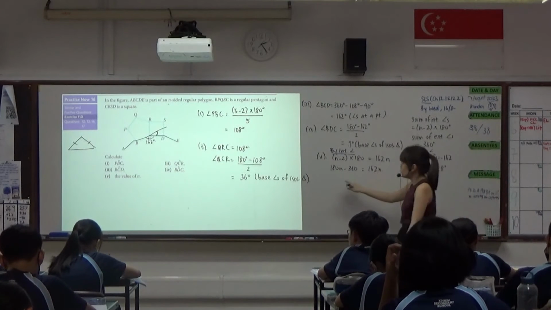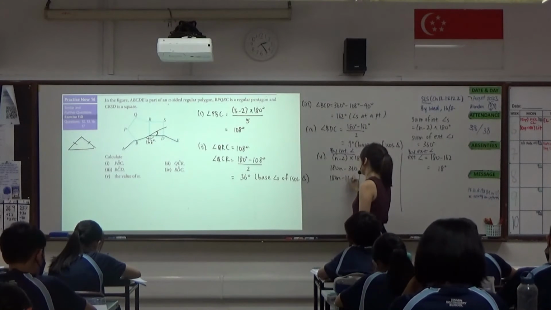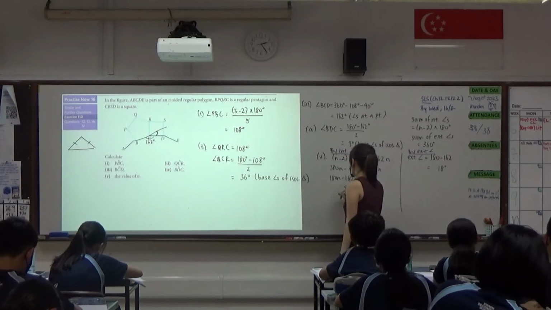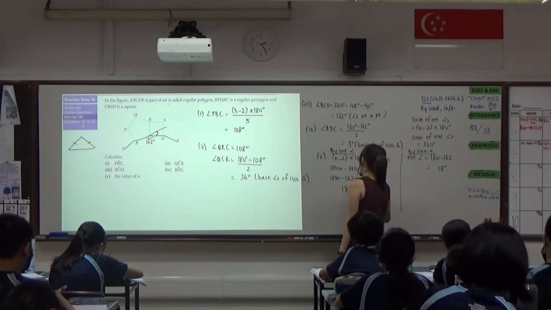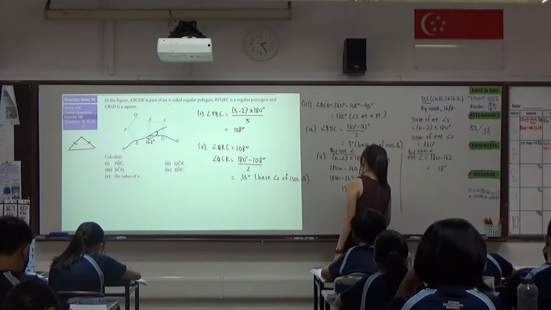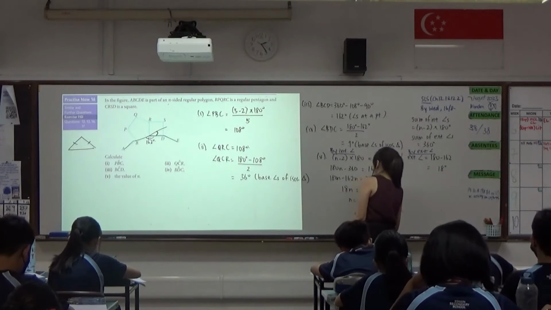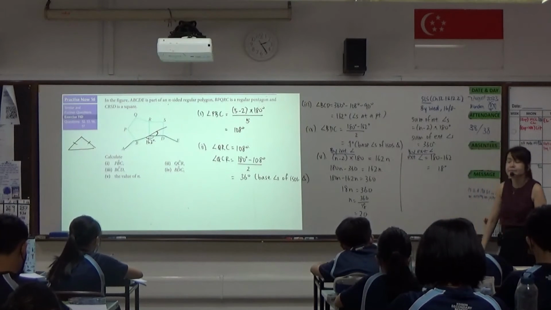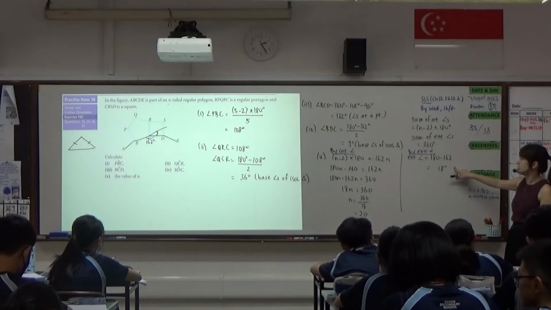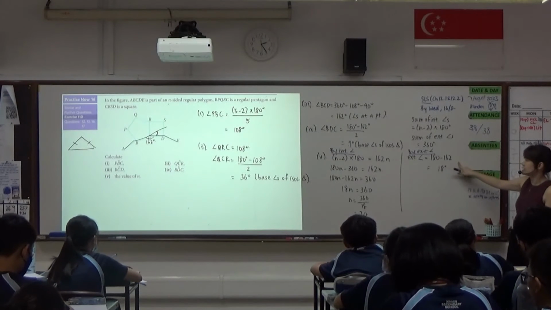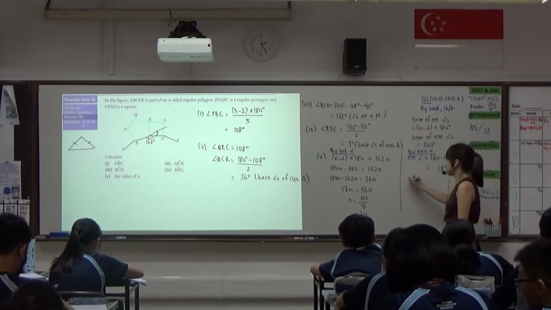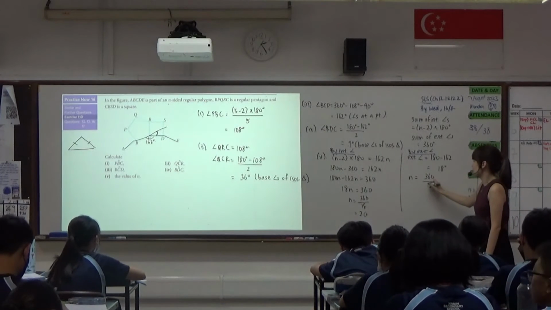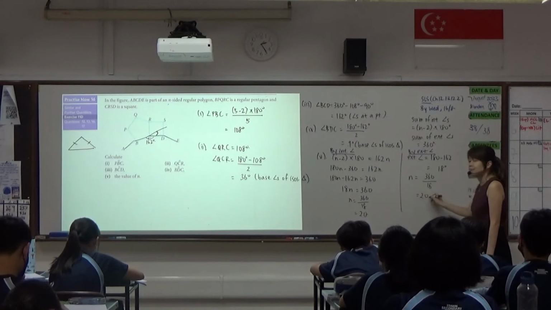Okay, then we place all the n's onto one side, and you find that there are 20 sides, by your interior angle method. If you know that you can find the exterior angle by taking 180 minus 162, which is 18, your number of sides will simply be the sum of exterior angles divided by 18, and we will get 20.